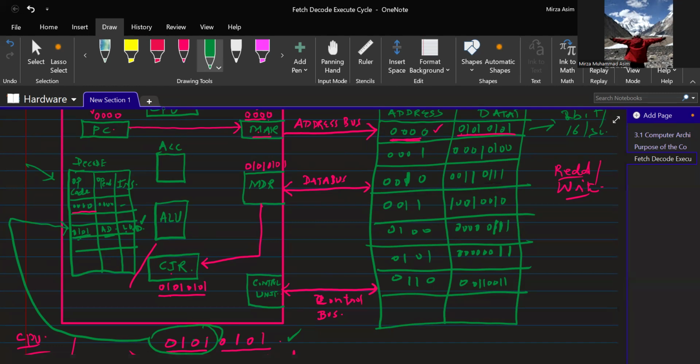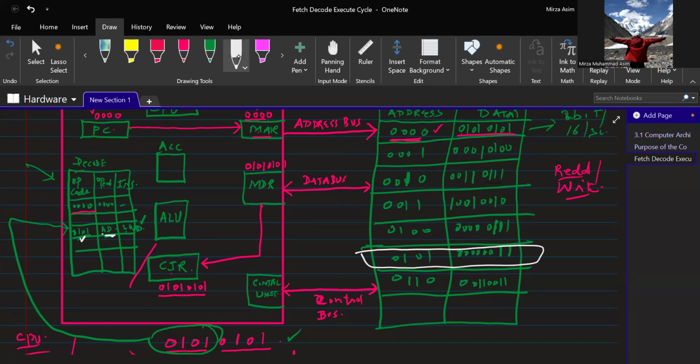The data that is lying at this address in memory, the contents at this address, should be copied into the accumulator.